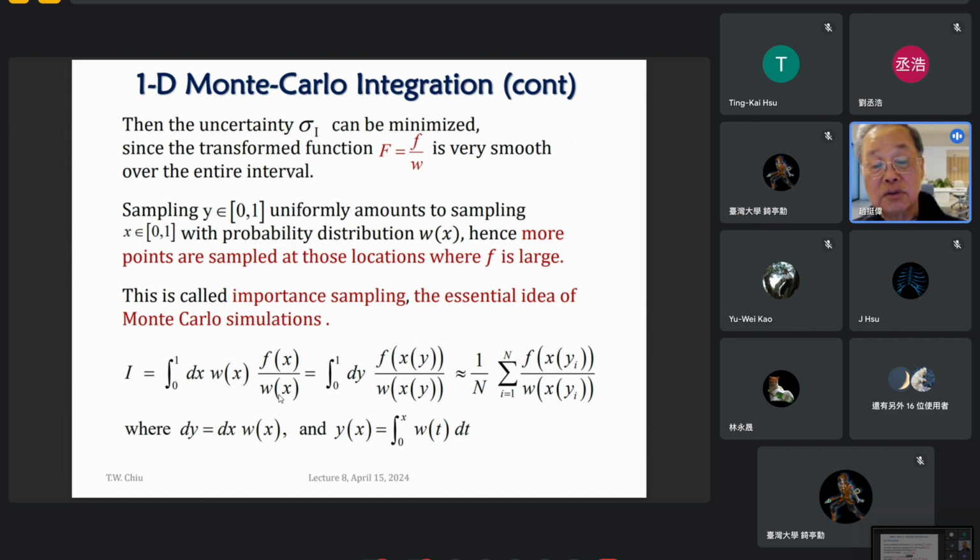Even though this is a simple function and f(x) may be a more complicated function, it captures the essential features of f(x). So if all this can be done analytically, that means this integral can be done, and the inverse, you can find x as a function of y, then this importance sampling can be done easily.